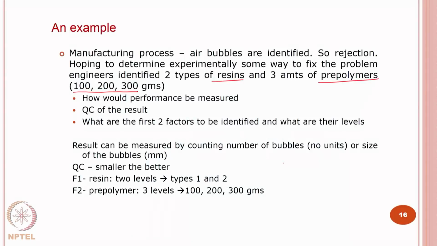So, resin, pre-polymer, adhesive. You fix resin, pre-polymer 3 times and let us say the adhesive also can have 3 levels. You understand what I am saying? So, you will have a resin, you will have 3 pre-polymer combinations.